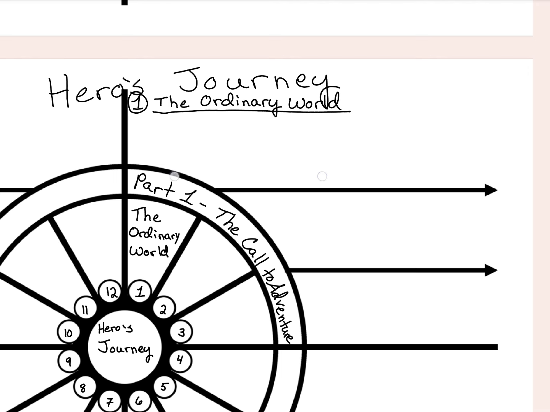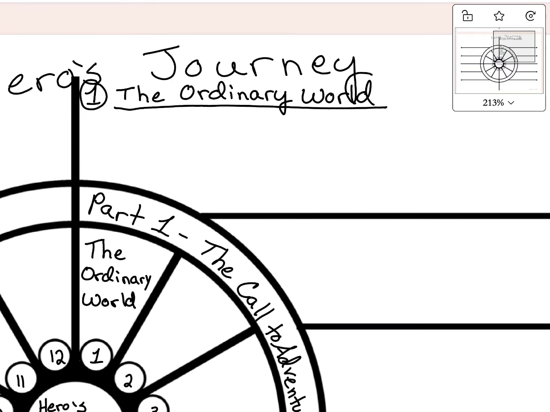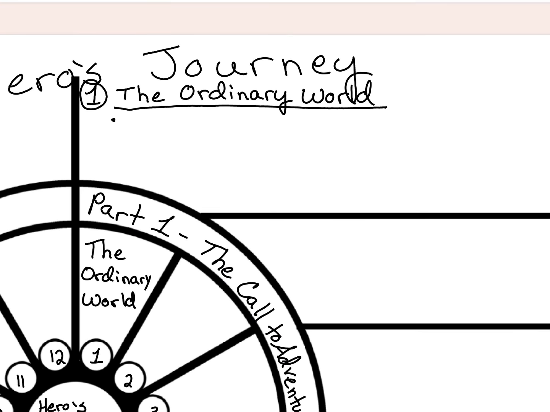protagonist. But the first thing we have to do is have a place for our protagonist to be, which means we must have a setting. The setting, as we've talked about over the last couple of days, is the place and the time where the story starts.